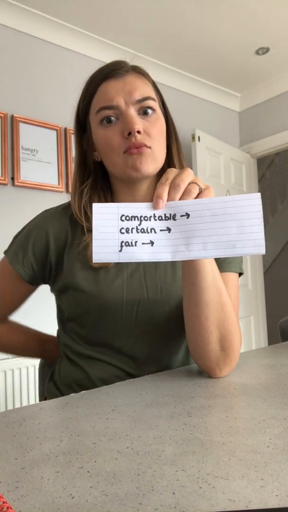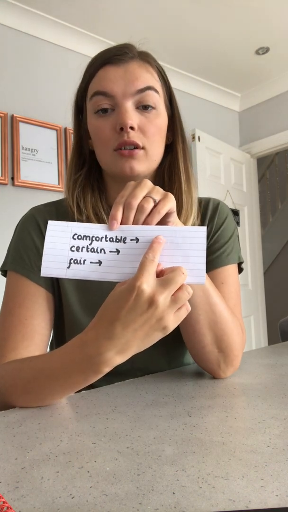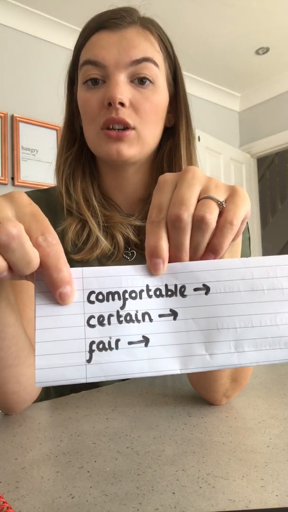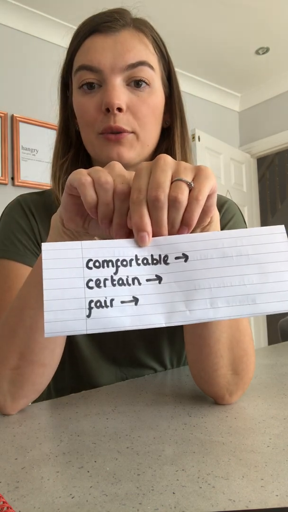Uncomfortable, I could be sat on a really hard chair. Oh no, I don't like sitting on this, it's hurting me. So the opposite of comfortable would be uncomfortable. So what you should have done was spelt the word comfortable correctly, but just put the word un in front of it, a U and an N, to make it uncomfortable.